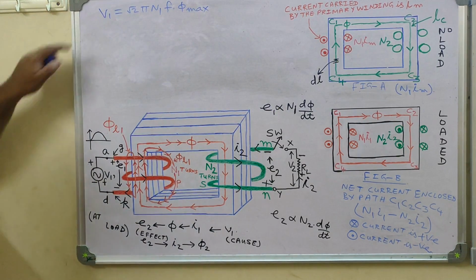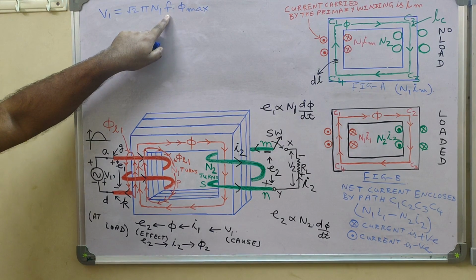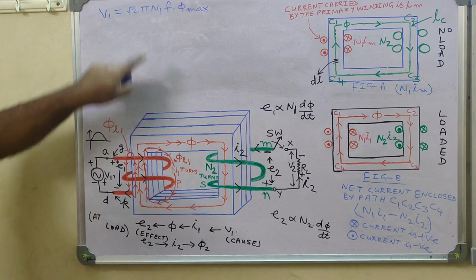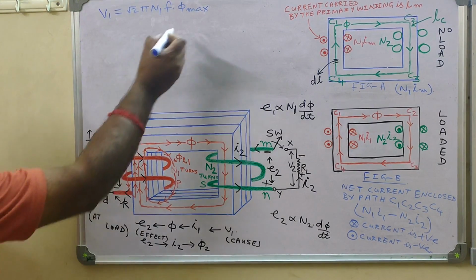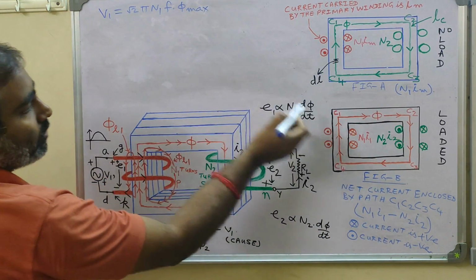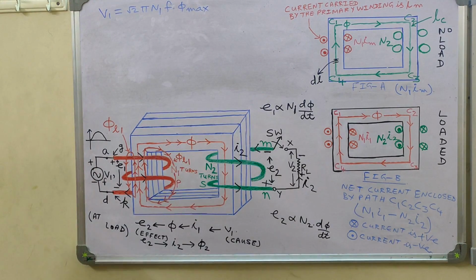So the applied voltage RMS value V1 is fixed, as well as the frequency F of the applied voltage. The number of turns of the primary winding N1 is not going to change. So if these are constant, phi max will be constant whether the transformer is at no load or at load. In both conditions, phi max has to be the same.